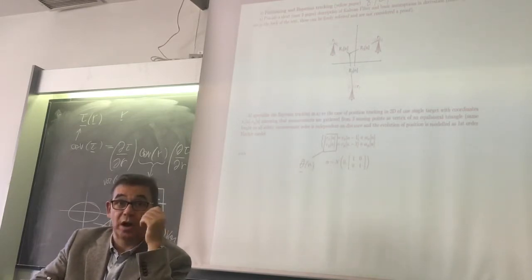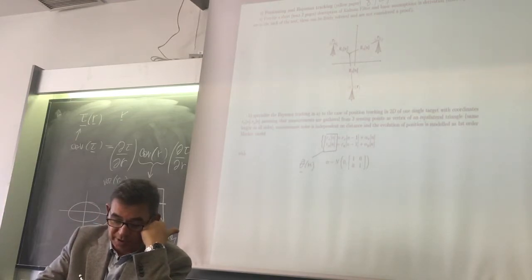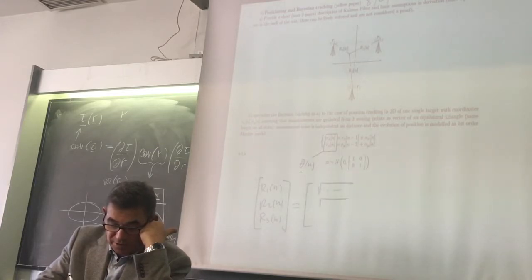Okay, so that means that these are the state variables, and then what I'm asking you to do is to put into the relationship with the R1 and R2 and R3n. Again, square root of, square root of, square root of.